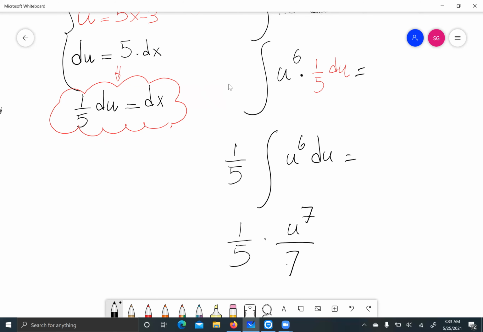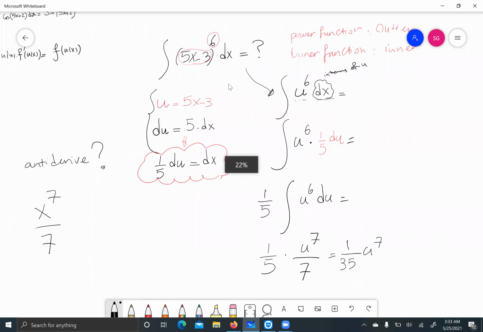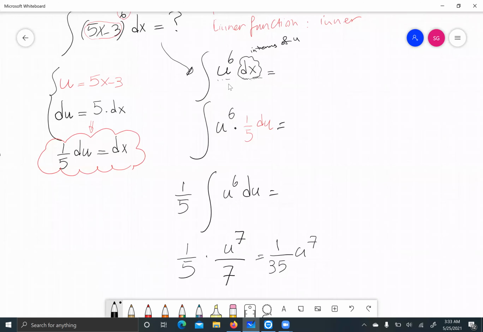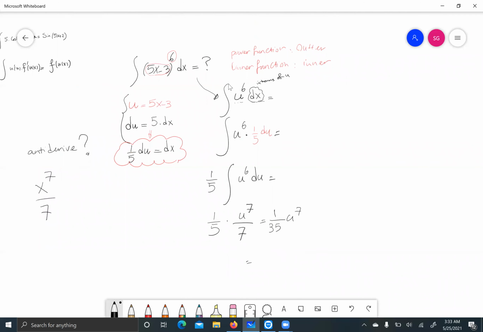And that's it. So the answer is 1/5 times 7, which is 35, u to the 7. But because originally we started with variable x, the question is in terms of x, 5x minus 3, so we need to give the answer in terms of x. So now substitute u in terms of x, which is 5x minus 3. And that's the final answer.